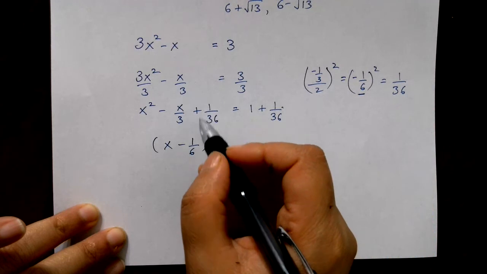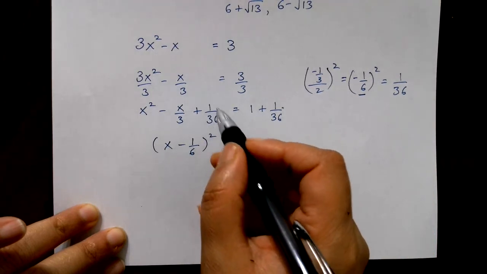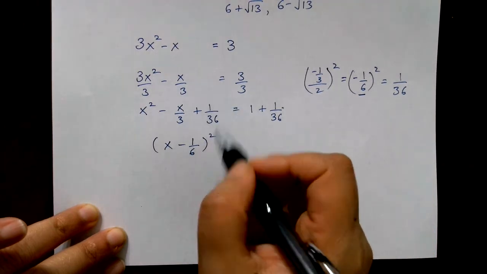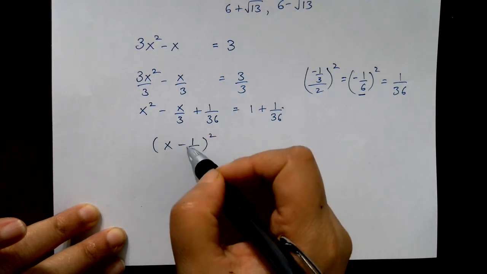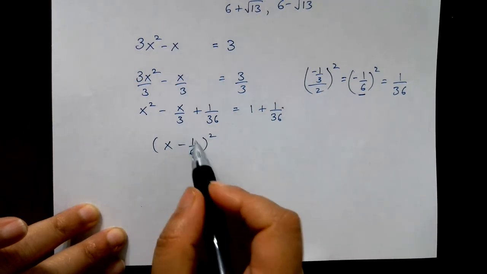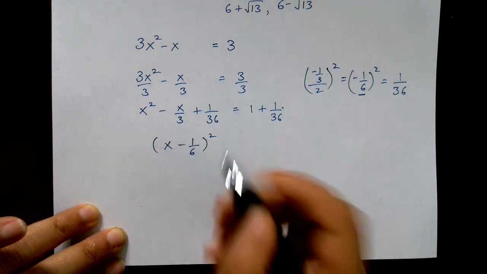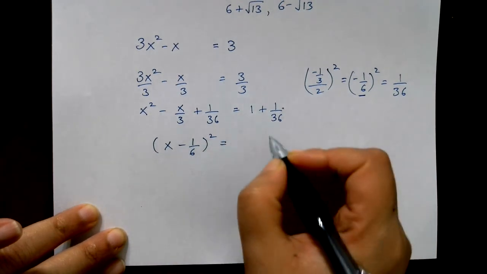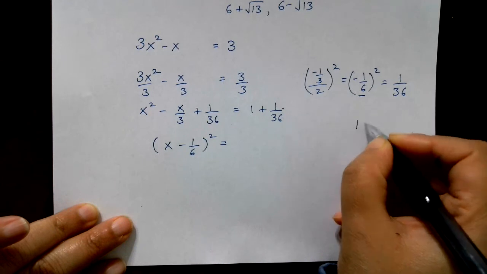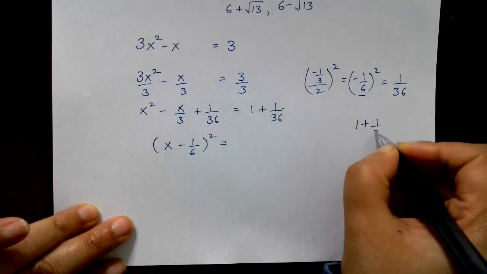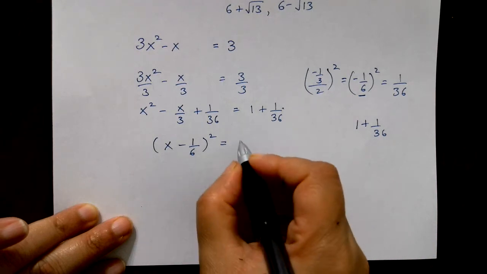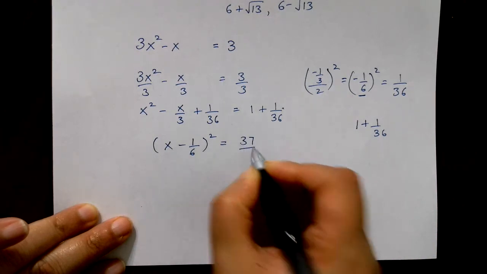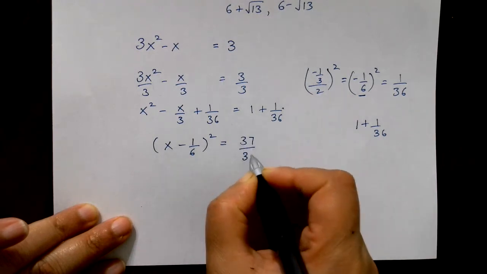Or you can take the square root of this number, 1 over 36. The square root of that is 1/6. And I told you, if you have a minus sign, you'll have a minus sign right there. So it's x minus 1/6 squared equals 1 plus 1 over 36. That is nothing but 37 over 36.